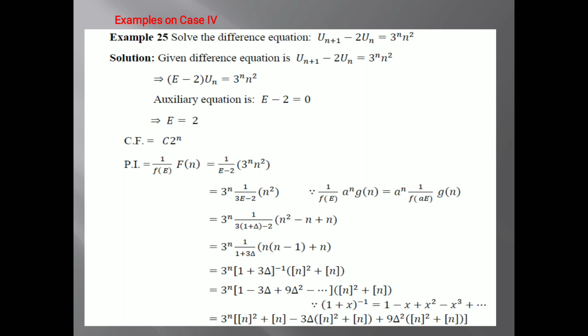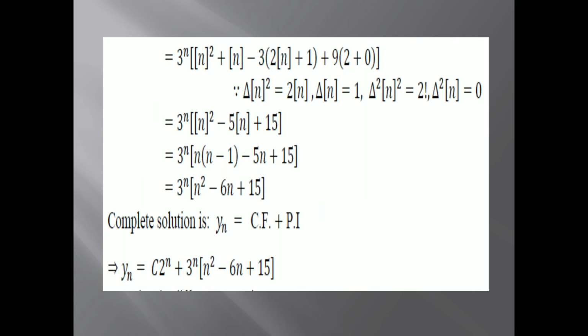After simplification and by using the formula of expansion, that is 1 plus x raised to minus 1, for 1 plus 3 delta raised to minus 1, we get 3 raised to n into 1 minus 3 delta plus 9 delta square minus and so on, and operate each term on n square plus n, which is in the form of factorial notation. We get the final particular integral, see all these steps.